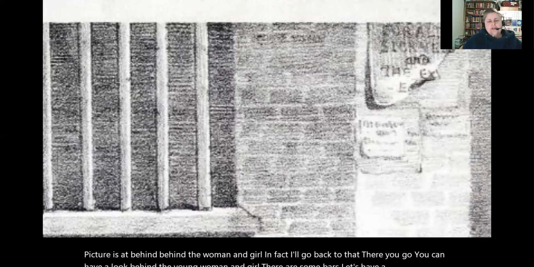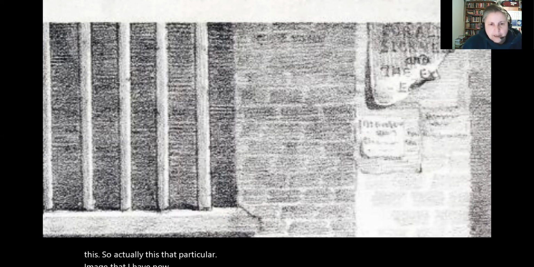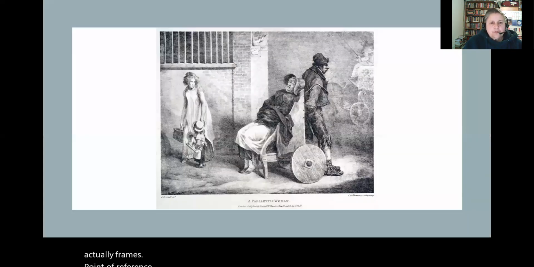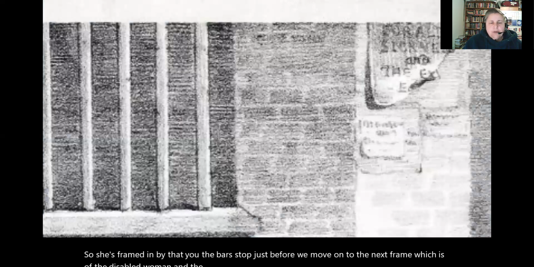So actually, that particular image that I've now enlarged actually frames her point of reference. So she's framed in by that. You see, actually, the bars stop just before we move on to the next frame, which is of the disabled woman and the man.